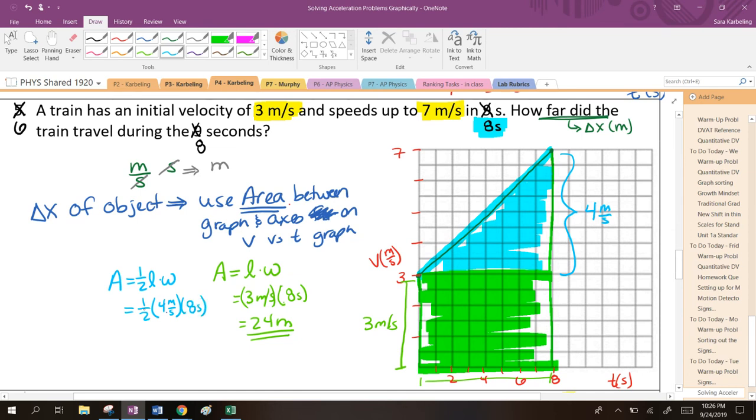So we've got half times 4 times 8. It looks like it's going to be 16 meters. And so our total distance is going to be the 16 plus 24. So we'll add those two things together, and it looks like that is going to be 40 meters total. Again, that's your displacement. That is how far the train traveled during those 8 seconds.